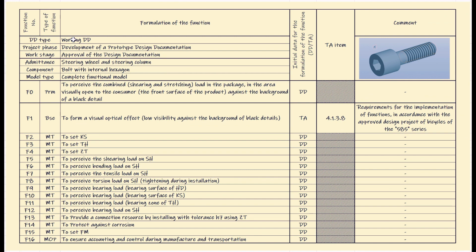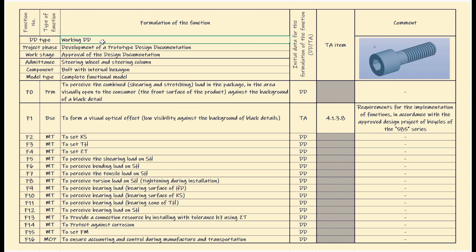In the upper left corner of the form, there is a block displaying the status of the part in terms of development status, namely type of design documentation. For example, project design documentation may be included in this block.